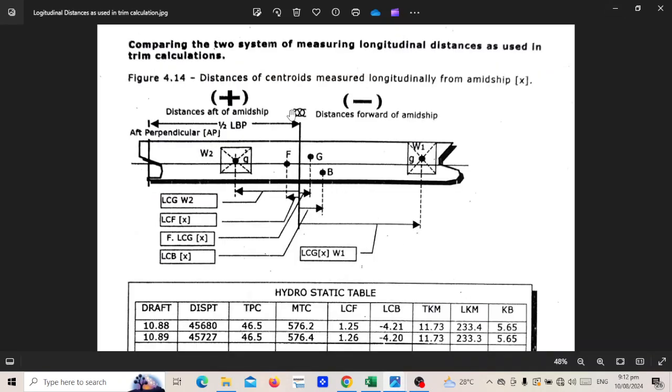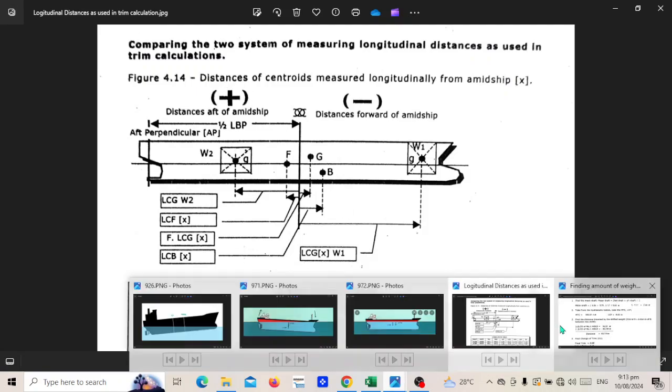Because hold number 4 is on the aft part, behind midship, that's why the sign is positive. But forward of midship, the sign will be negative. If you're on the forward part of the vessel, your LCG will be negative. But if you're on the aft part going to hold number 4, then your LCG will be positive. Okay, that is what it meant.